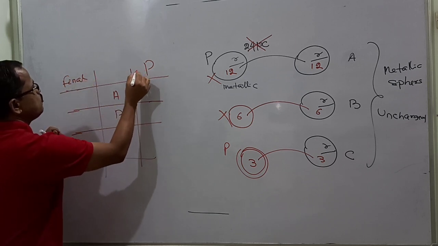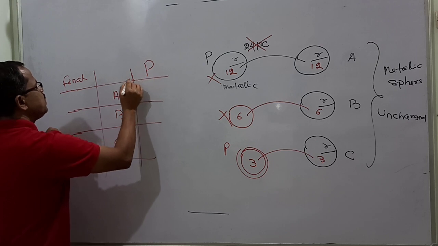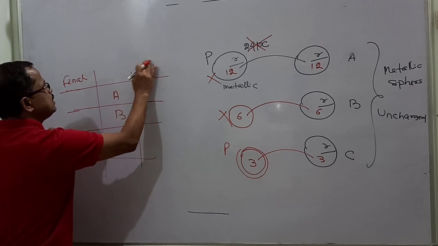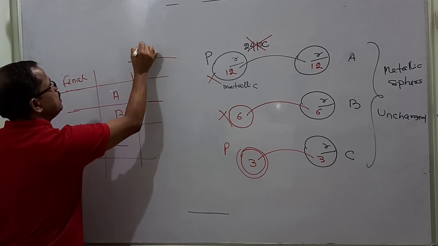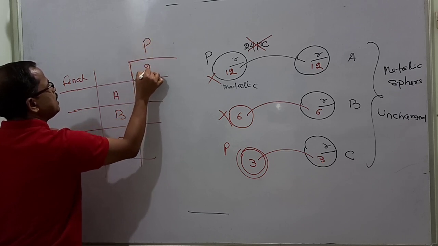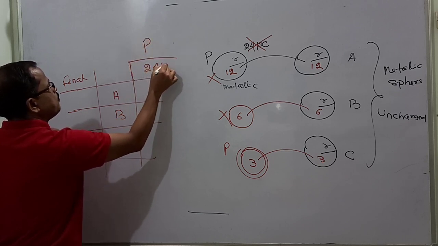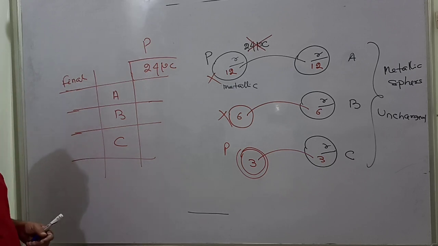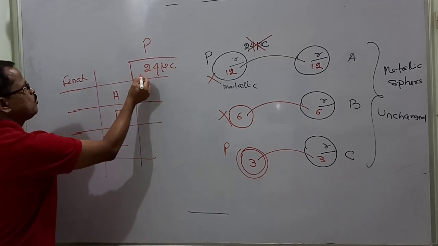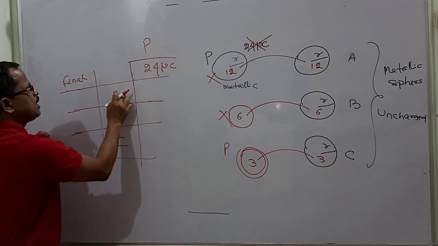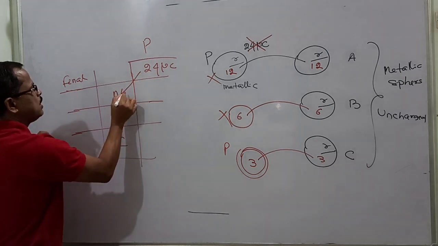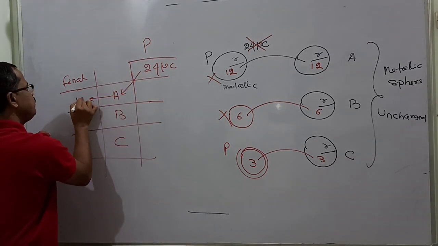The initial charge of A is 24 microcoulomb, as given. When P is kept in contact with A, what will happen? Now A will keep a charge of 12.